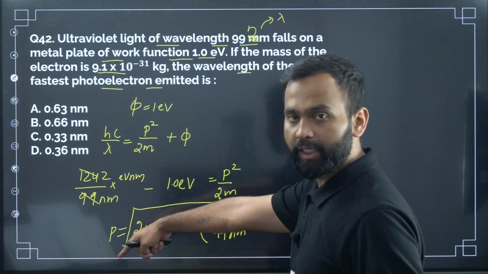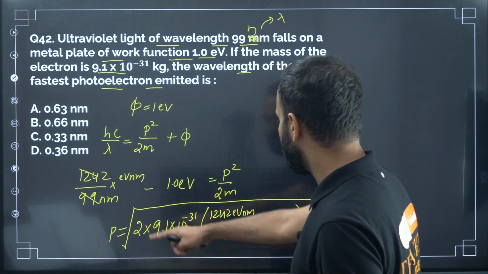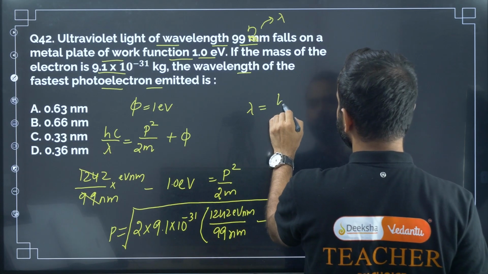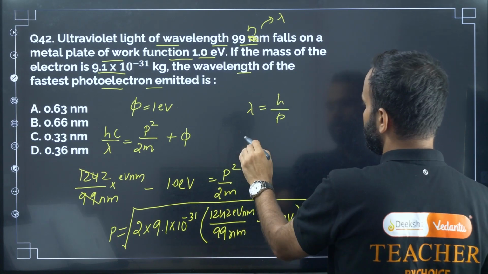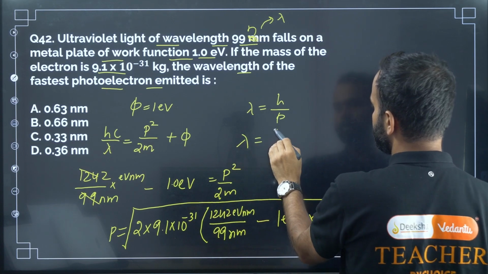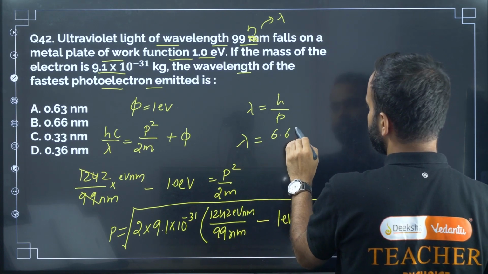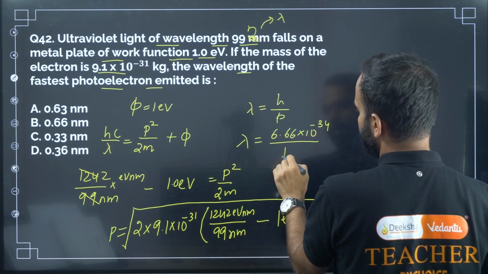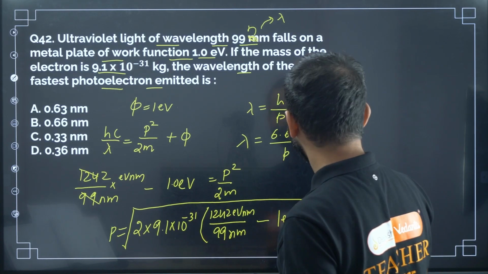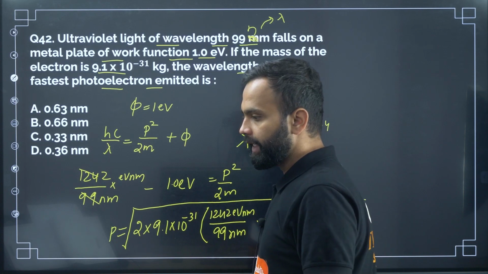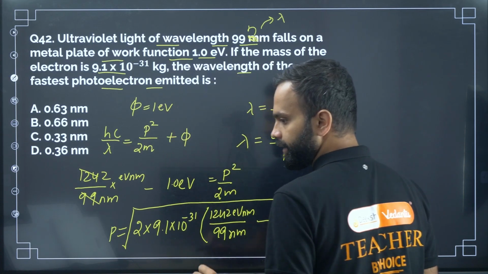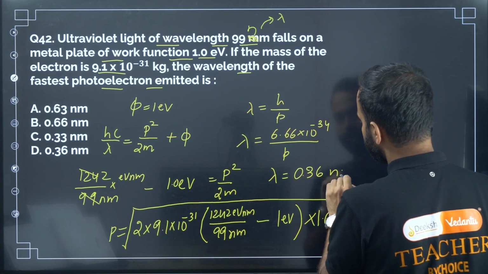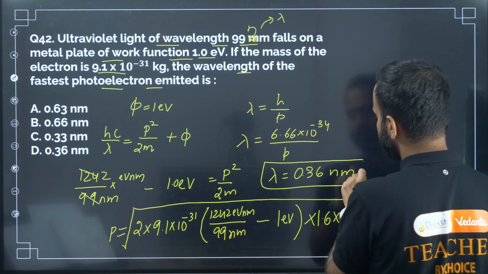Once we have the value of P, apply the de Broglie wavelength, lambda equal to h by P. So lambda is equal to h, 6.66 into 10 to the power minus 34, divided by the value of P. Solve this and you will get lambda equal to 0.36 nanometer.